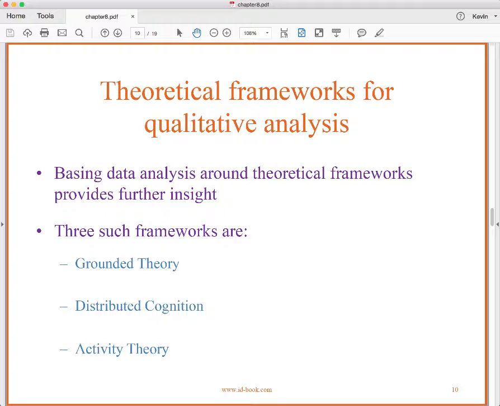If we build the apparatus of our analysis around one of these theories, or some combination of them, it gives us a rigor that makes our work more research-oriented and less anecdotal.